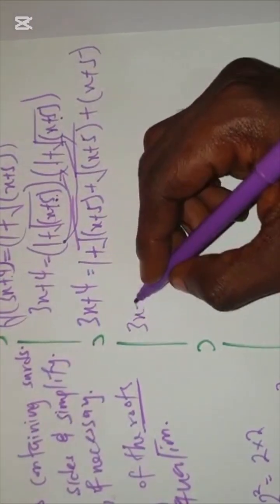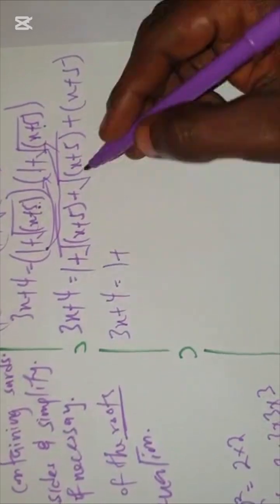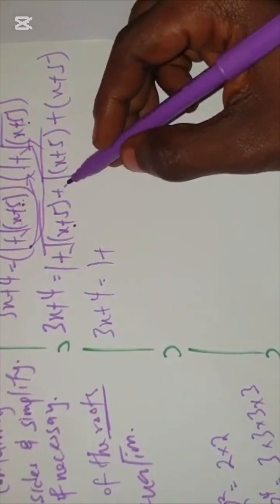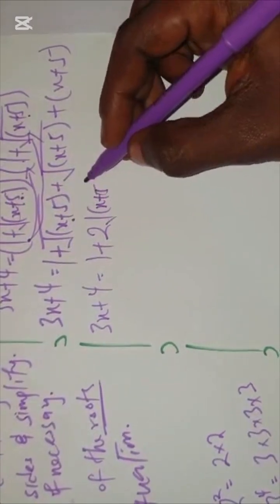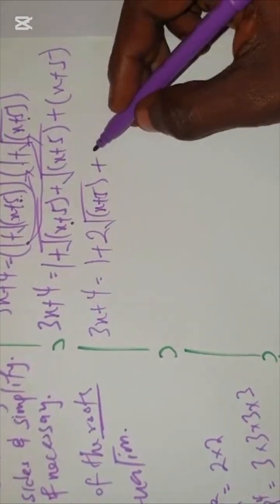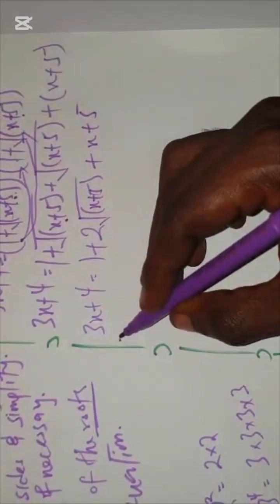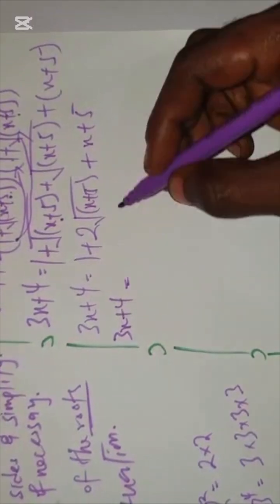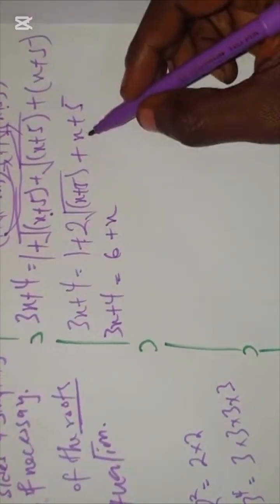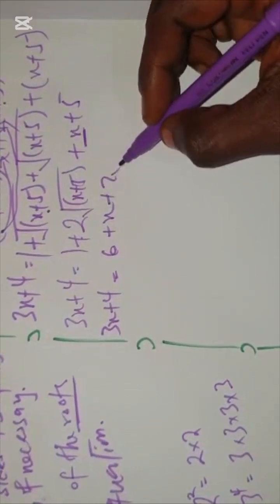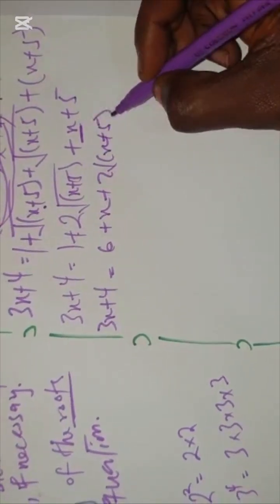So we have 3x plus 4 equals 1, root of x plus 5 plus root of x plus 5 gives 2 root of x plus 5, plus x plus 5. 3x plus 4 equals 1 plus 5, 6, plus x plus 2 root of x plus 5.